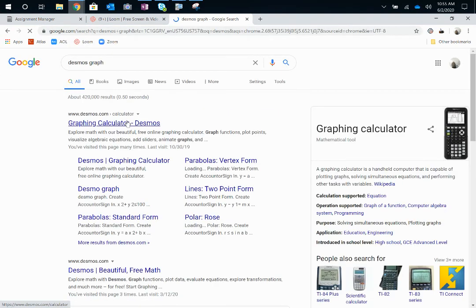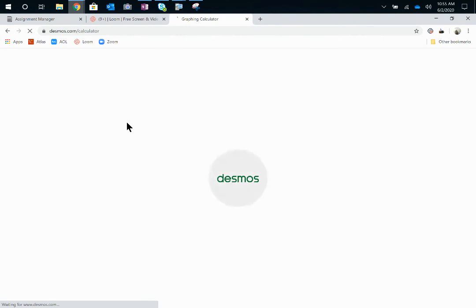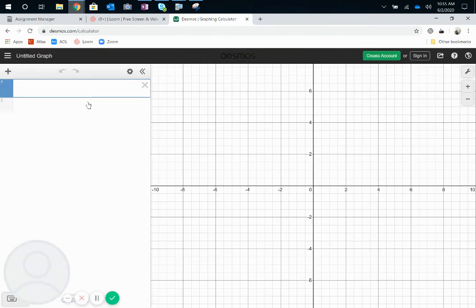And the reason you have to use Desmos here is because the TI-84 can only graph when you set y equal to something. In this case, you can just simply type in what you want to graph, and it will graph it for you.